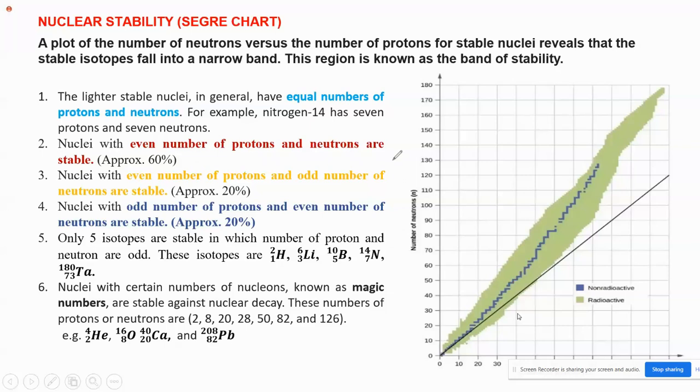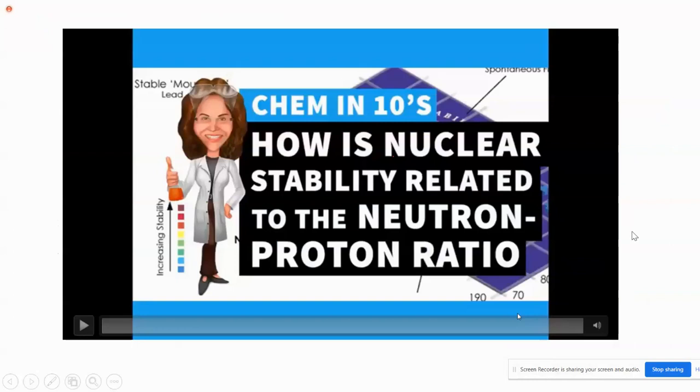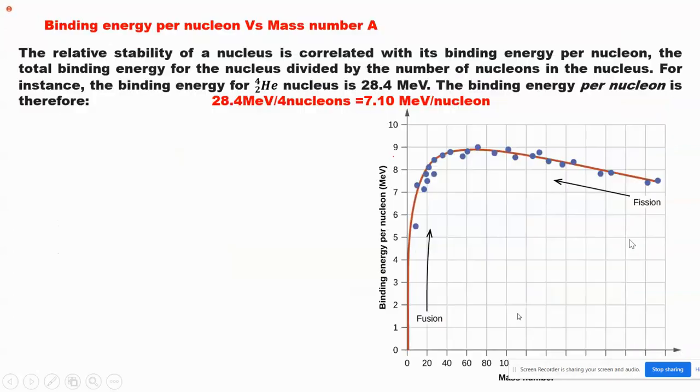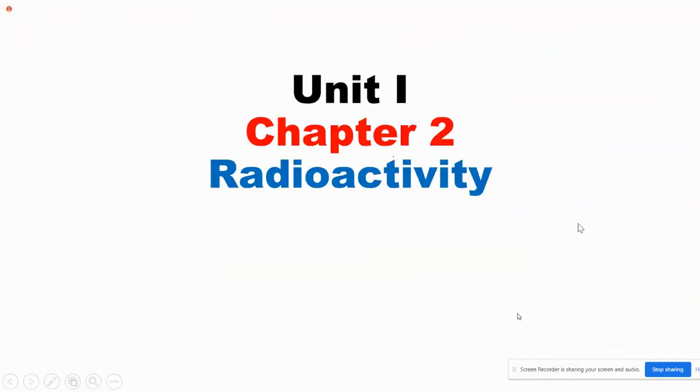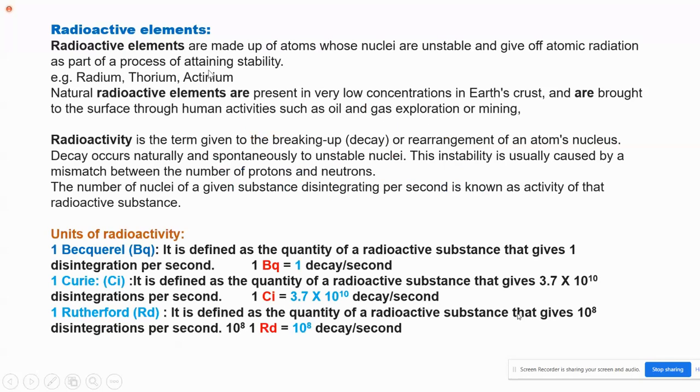what is the stability ratio we have seen? N by Z equal to 1. If it is nearly equal to 1, those elements are stable. In those elements where the number of neutrons is more than protons, they will try to get stability by emitting extra neutrons.